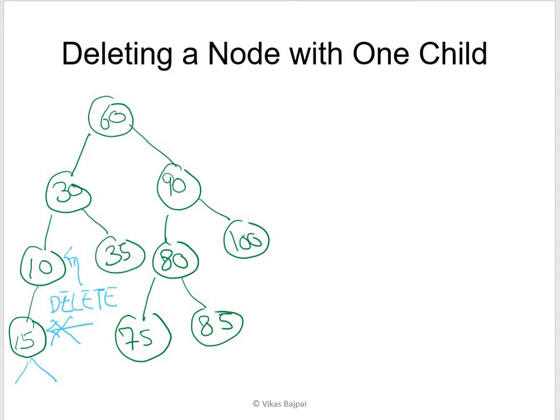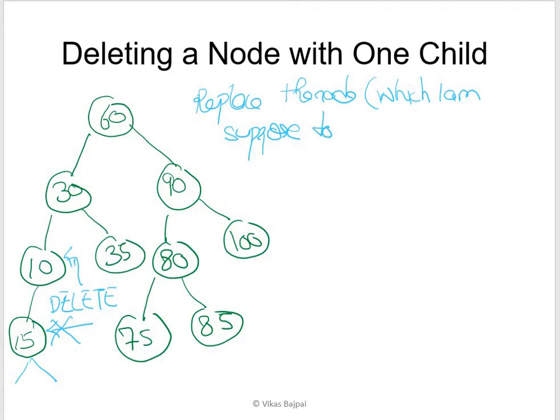Now I have to delete 10 from it. In this case, what I'm supposed to do is I'll replace the node which I'm supposed to delete with its child node.